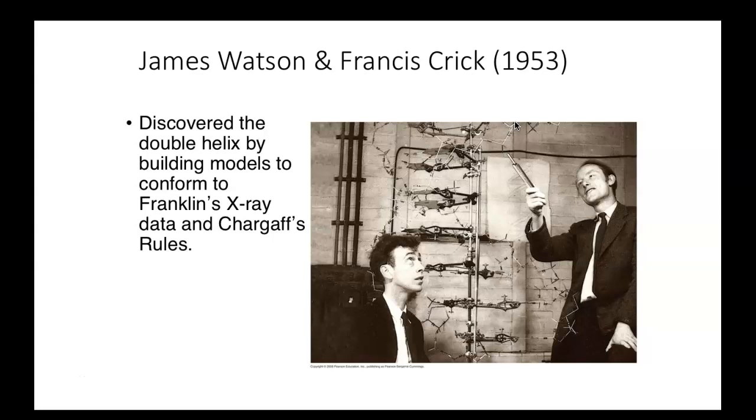And they all ended up getting credit for it, but it was just the way it was back then with female scientists and male scientists. The male scientists were more likely to get the credit for stuff. And so Watson and Crick, what you need to write down under them is they used Rosalind Franklin's X-ray image of DNA to come up with the model of DNA, which is a double helix.